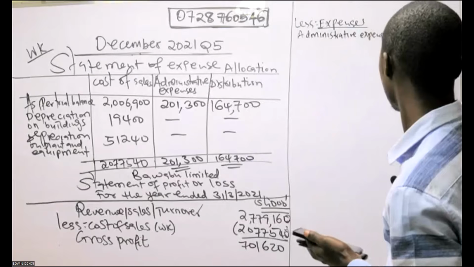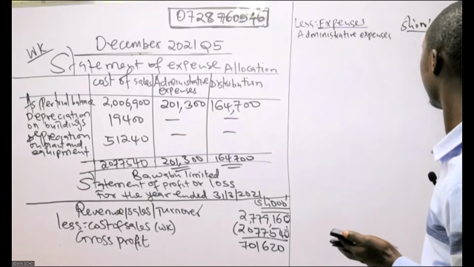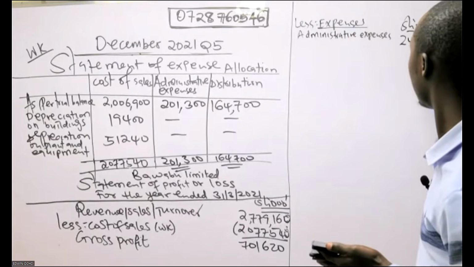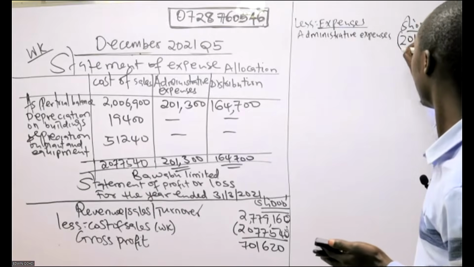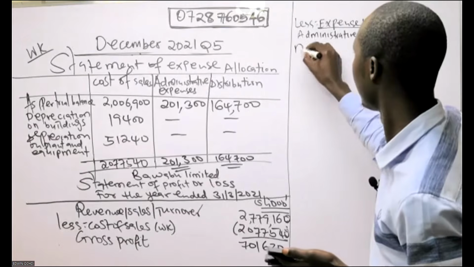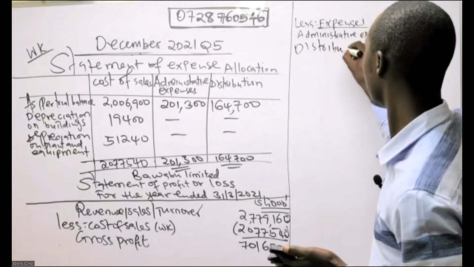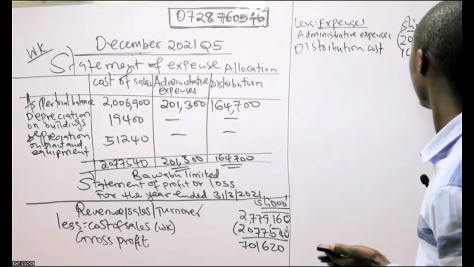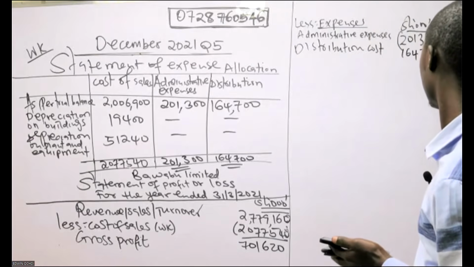Shillings are thousands. So admin was 201,300. Distribution cost is 164,700.